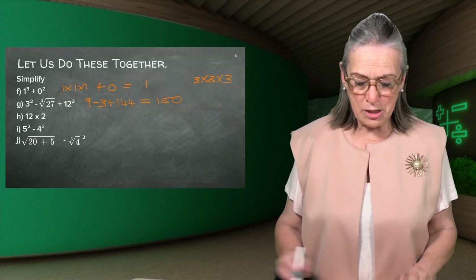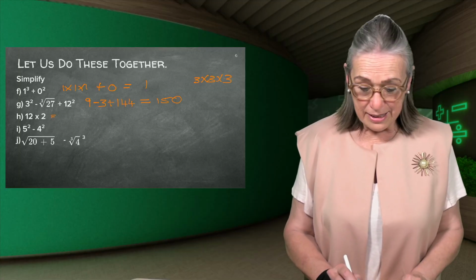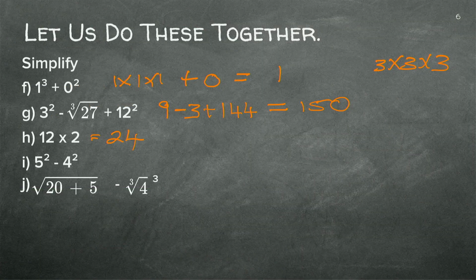And just a quick one, what is 12 times 12? It is 144. And then 5 to the power of 2, so it's 5 times 5 minus 4 times 4. So that gives us 25 minus 16. So that answer is 9.